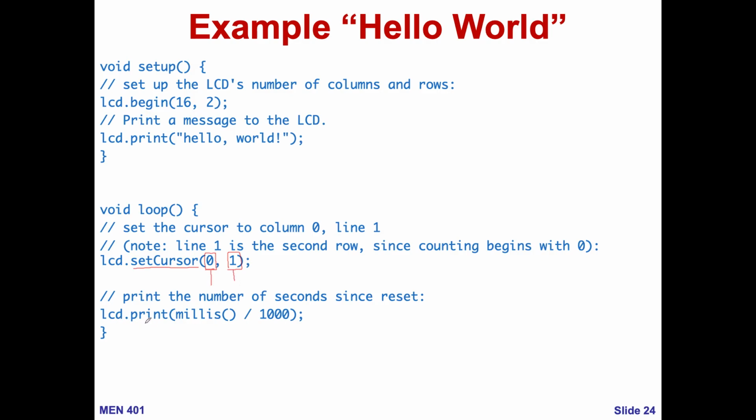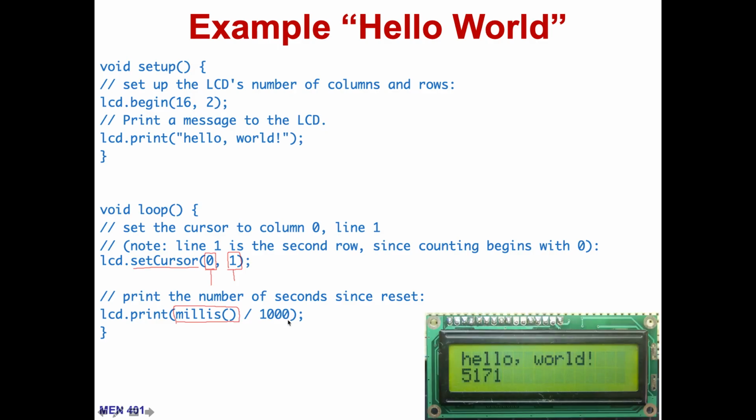Then I will say print millis. We talked inside the advanced Arduino software timing about what millis is. millis is a function that reads the hardware timer and returns a number in milliseconds, divided by 1000 in order to appear in seconds. So this is what we see at one instant.